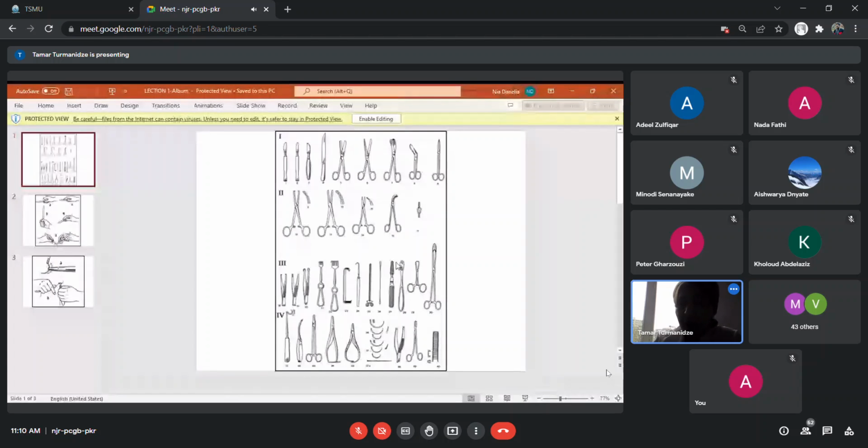We have three types of forceps: surgical forceps, anatomical forceps, and pole-like forceps, which are called gripping forceps. The function of this instrument is to hold the tissues. It is held in the pen position from the middle part of the instrument.